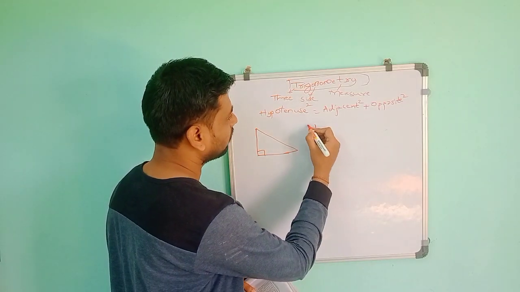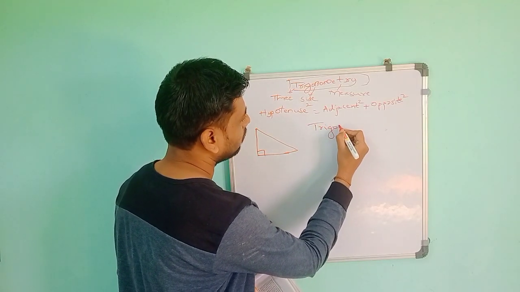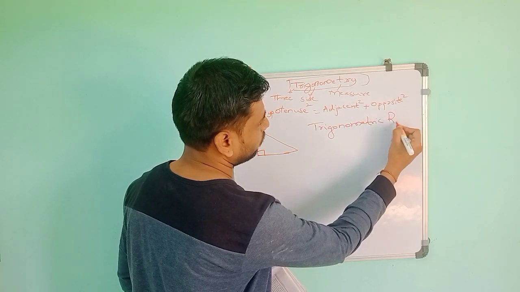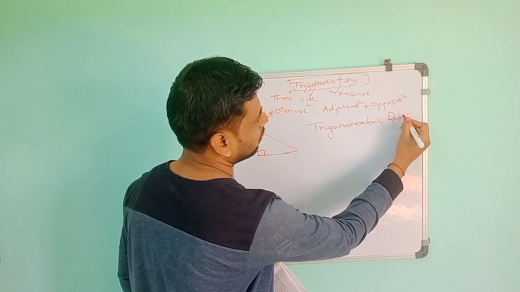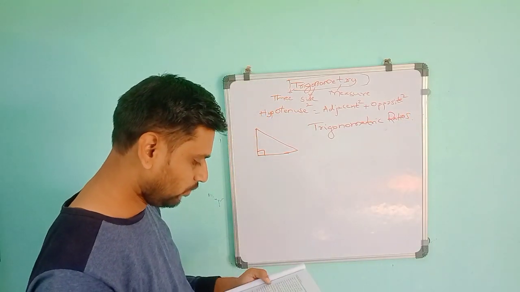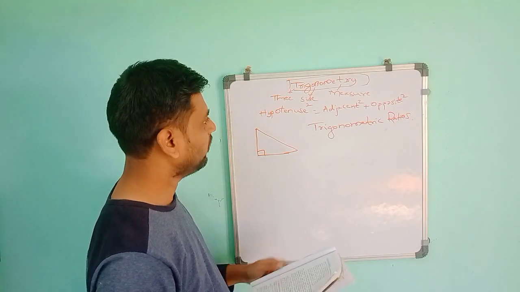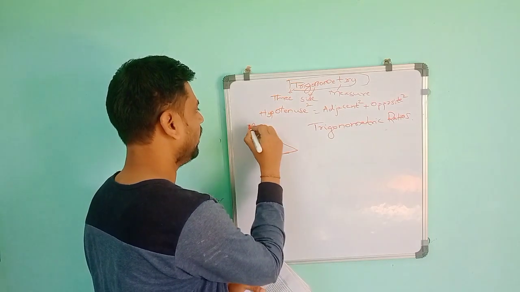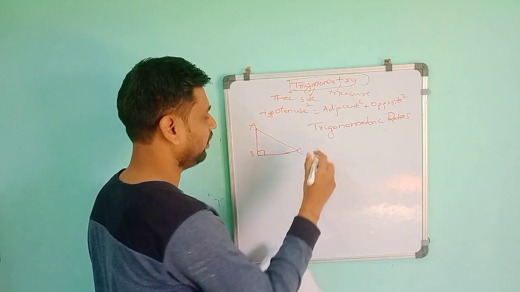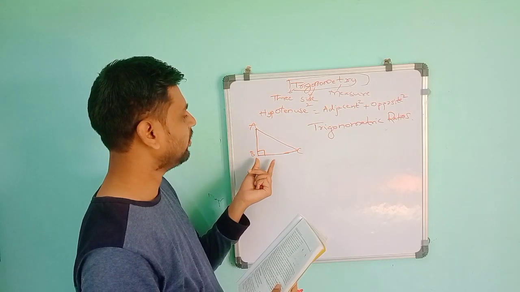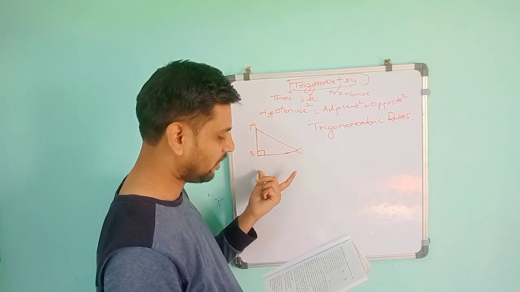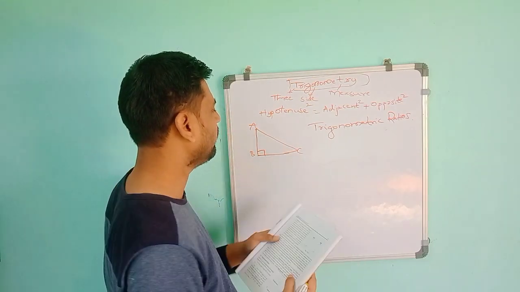Trigonometric ratios are some ratios of the sides of the triangle. If you take this triangle A, B, and C, the angle at B is the right angle. So ABC has some ratios of the sides of the right angle triangle with respect to acute angles.